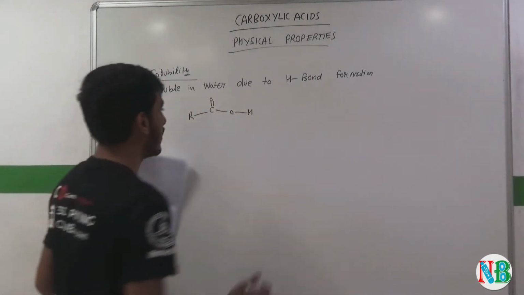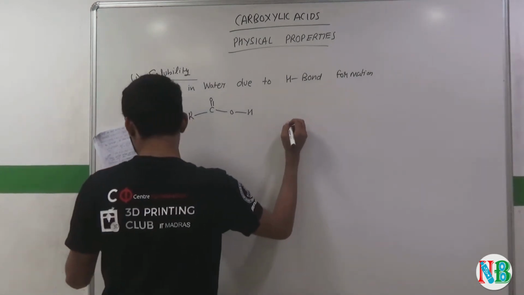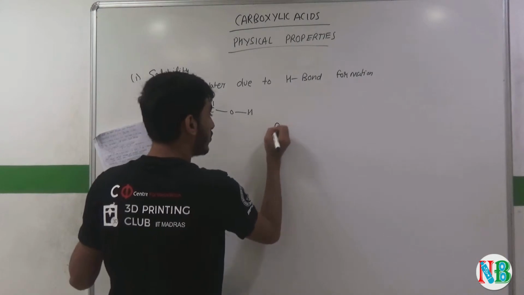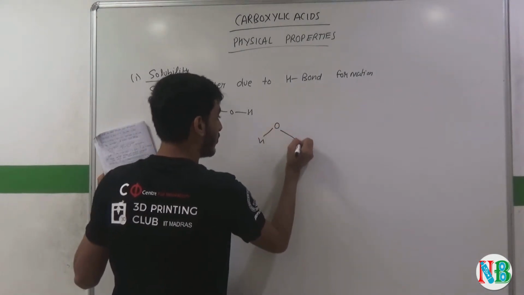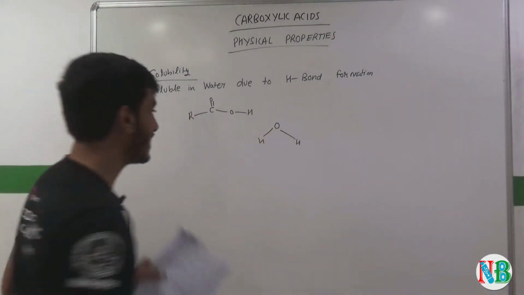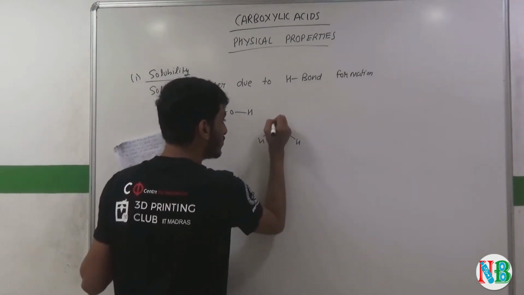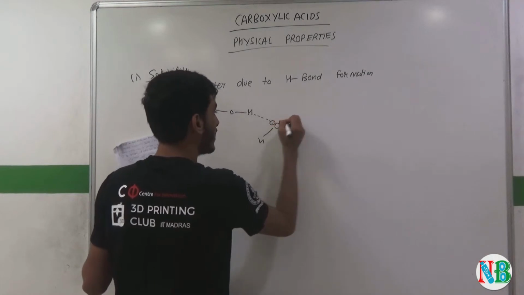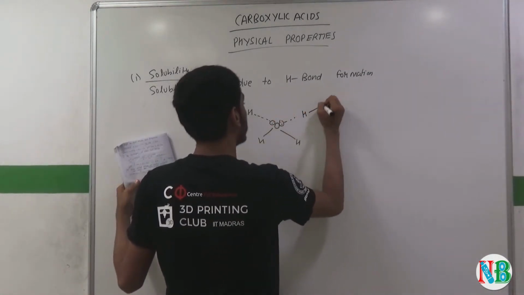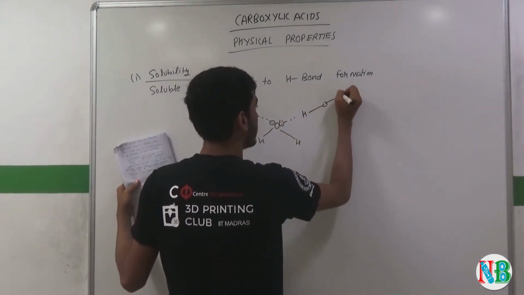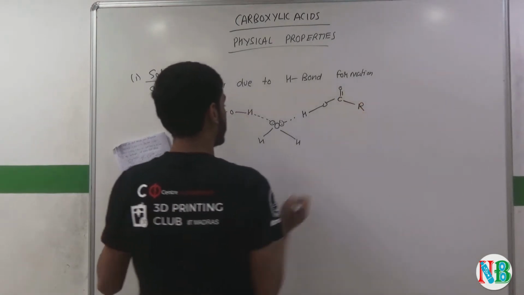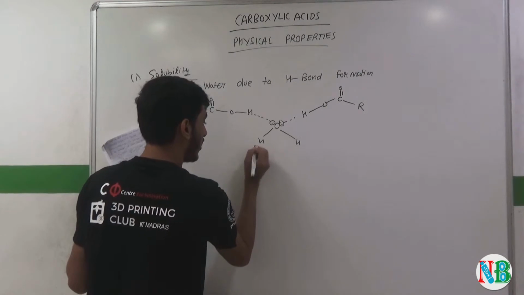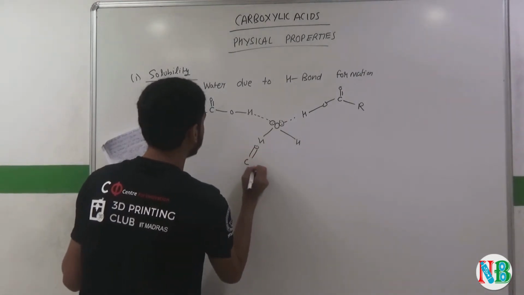Okay, now one more acid. Now suppose you have a molecule of H2O. The lone pair of oxygen will interact with this hydrogen. The second lone pair will interact with one more RCOOH group. This hydrogen will interact with another RCOOH group.